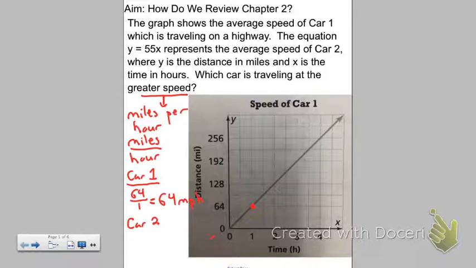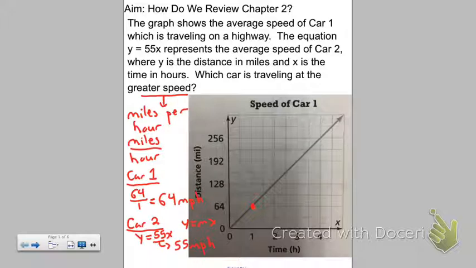For car 2, they give us the equation y equals 55x. Since this is in the form y equals mx, we know we have a proportional relationship. When we have a proportional relationship, the slope, or the m, is going to be the unit rate. So that means that car 2 is going 55 miles per hour.